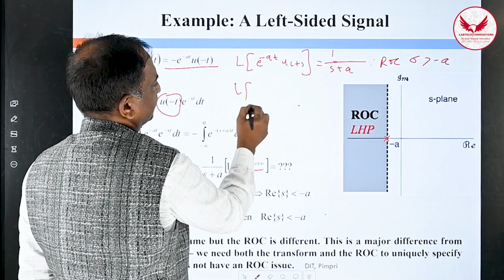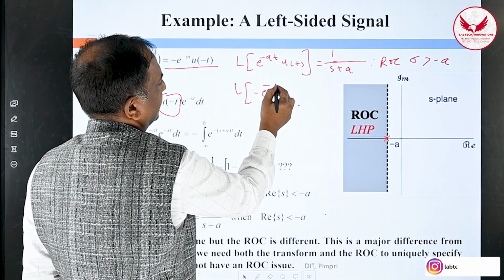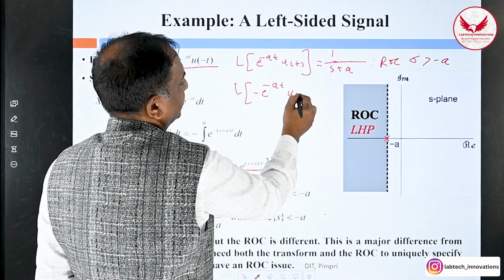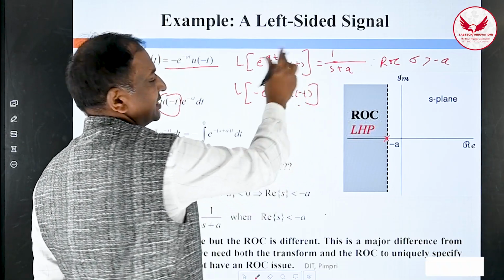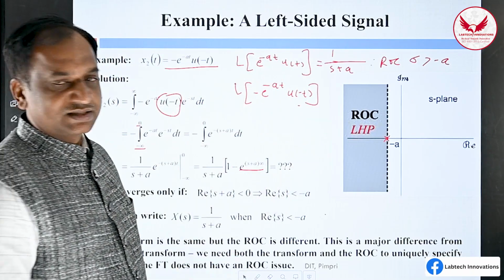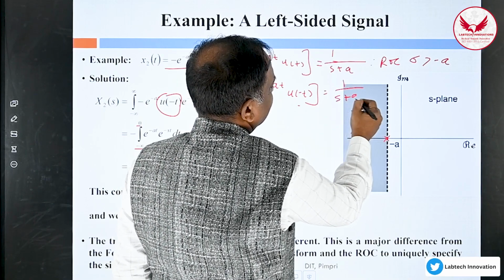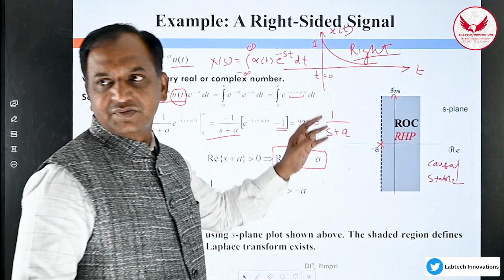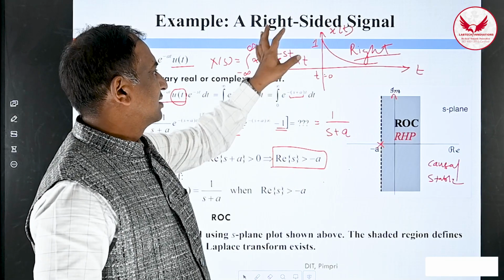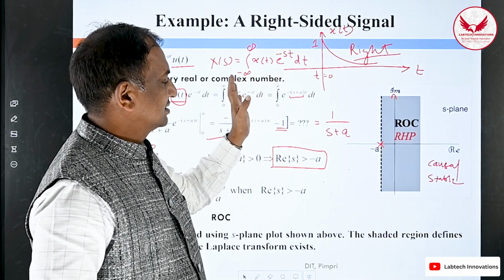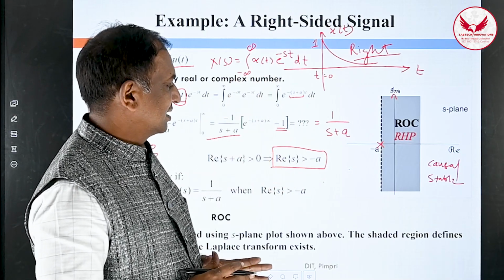And the Laplace transform of minus e raised to minus at u of minus t is also 1 upon s plus a. This one is a right-sided signal, this one is a left-sided signal. The Laplace transforms of both the signals are 1 upon s plus a. So only from the Laplace transform you cannot distinguish whether the signal is right-sided or left-sided.